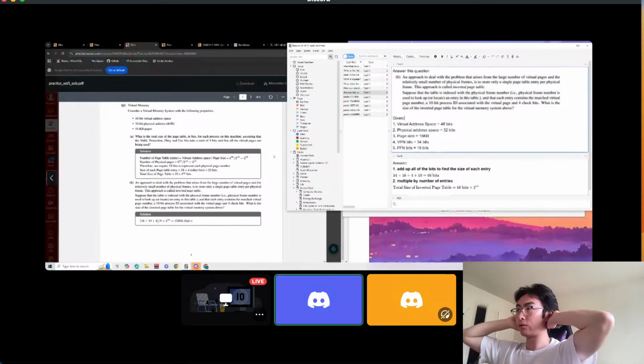So they have 34, which is the virtual page number of bits. They don't add physical frame number bits.